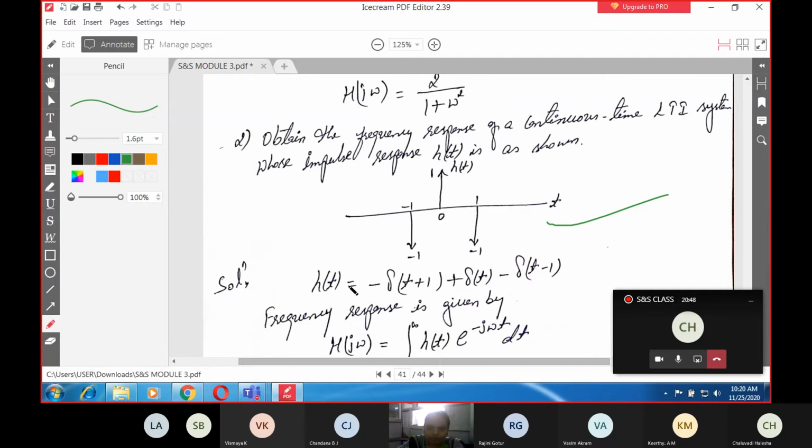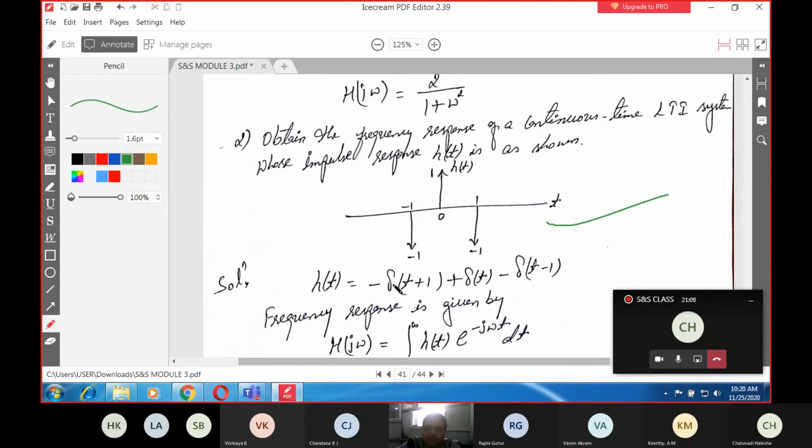What is h of t? Observe here, the amplitude is minus 1. Observe here the graph is in terms of arrows. It is indicating that it is an impulse response, right?